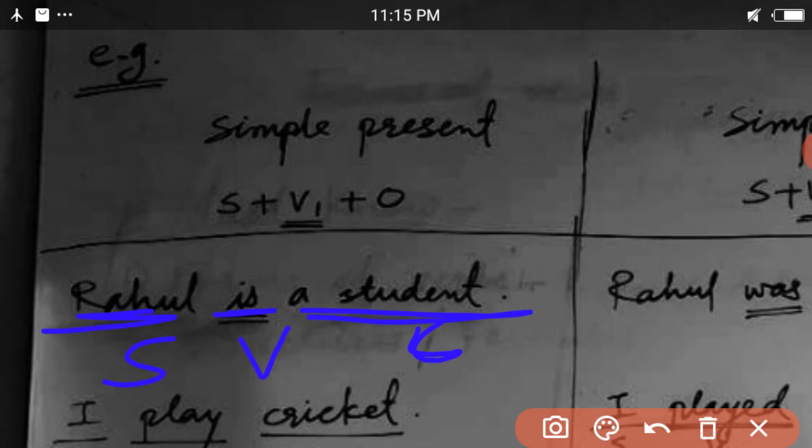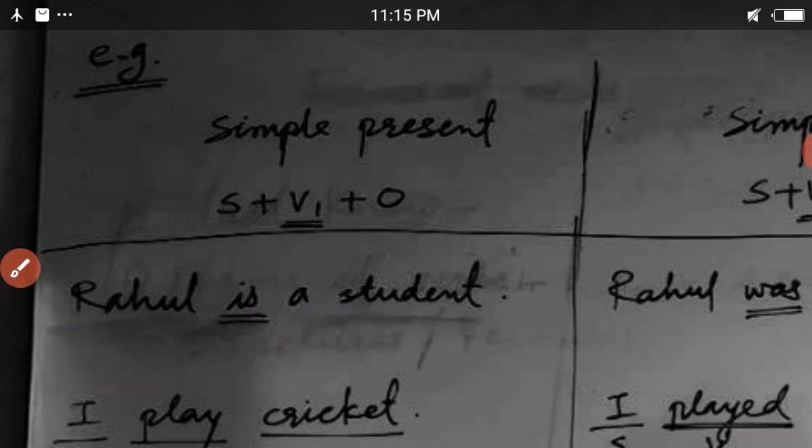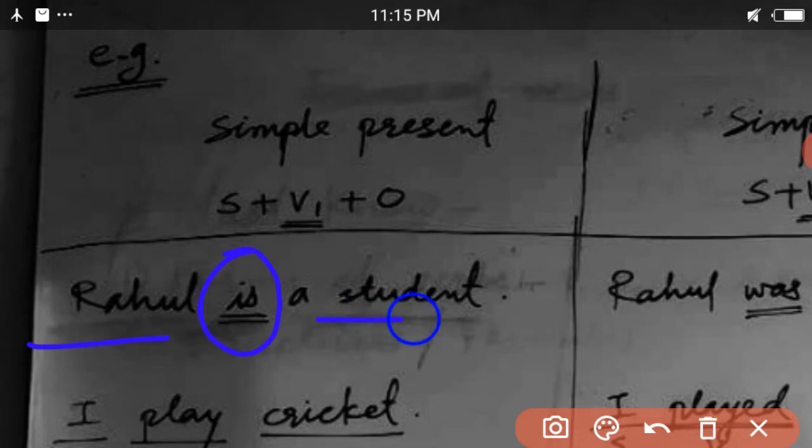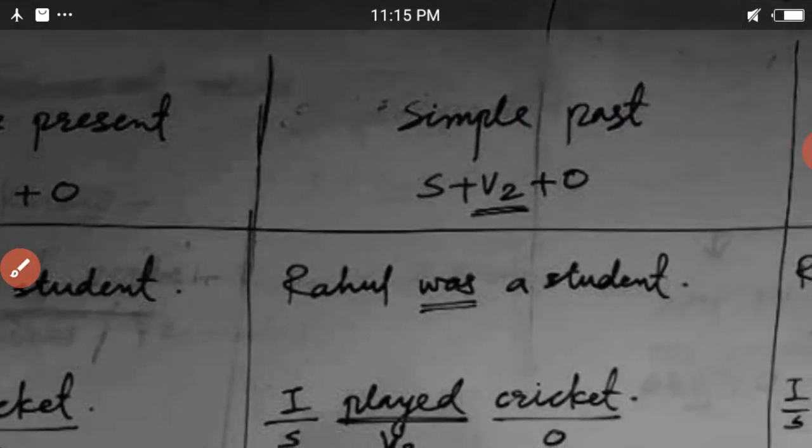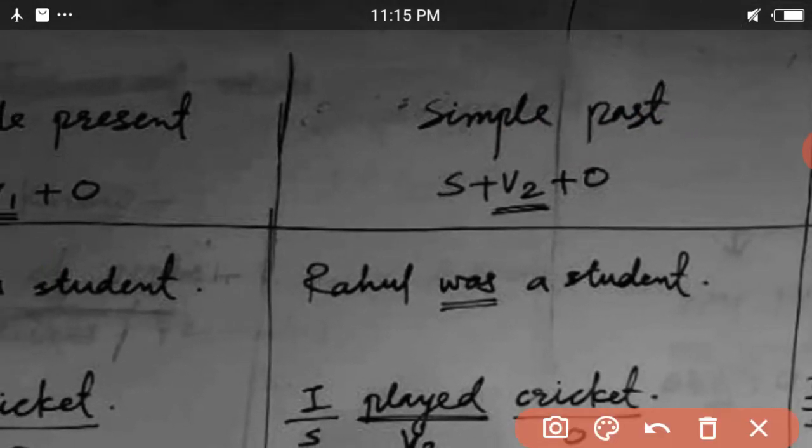So here, as we discussed earlier, only the verb changes. So the word is will be replaced and the subject and the part which came before the verb and after the verb will remain same. So you can write this part as it is and only the verb will change.